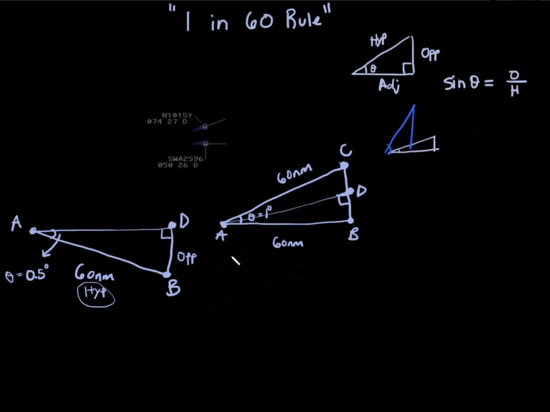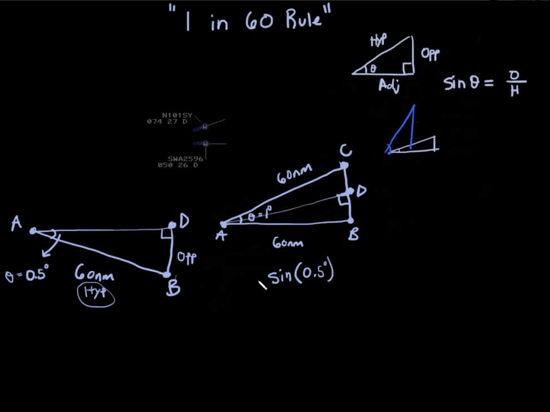What we want to know is how many opposites there are per hypotenuse, because if we know that there are some number of opposites per one hypotenuse, then we just take that number and multiply it by 60, and that gives us the length of dB. So O over H, opposites per hypotenuse, is sine of theta.